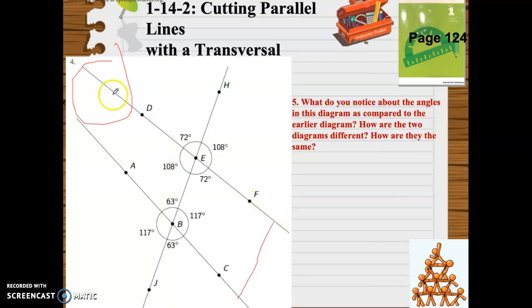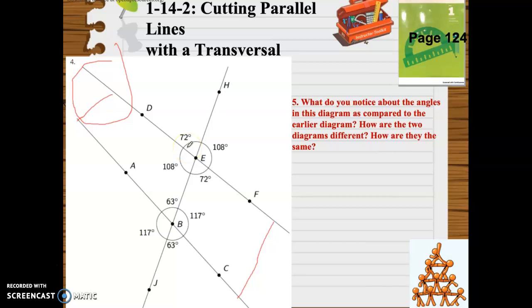If they were parallel, these two lines would be the same length, but I can clearly see this is longer than this. Therefore, I have to find out the other measurements. I cannot just say this one matches this one and this one matches this one. I actually will have to do the math because they're not parallel lines. They're only equal on the top and the bottom if they're parallel.